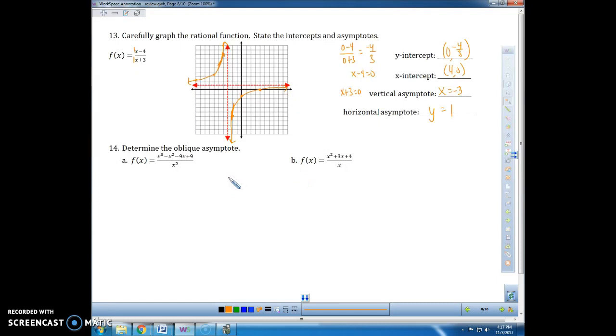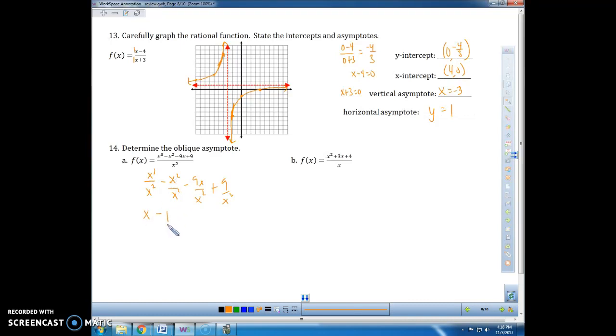All right, for 14, you're asked to find the oblique asymptote. For these, we are specifically dividing everything in the numerator by that denominator. So think x cubed over x squared minus x squared over x squared minus 9x over x squared plus 9 over x squared. And we're looking for what actually divides up nicely. So x cubed over x squared is just x.